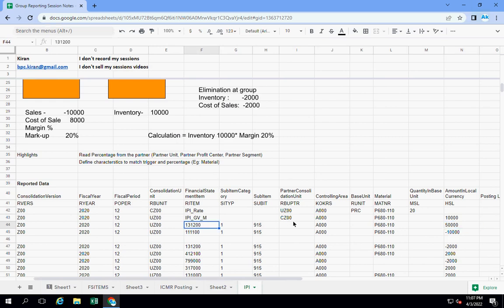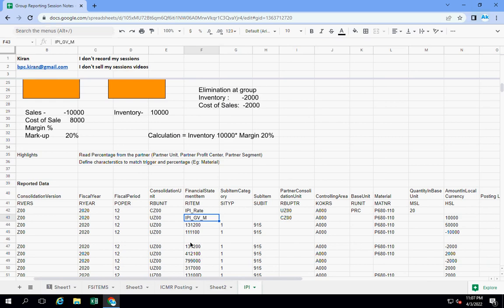But in this particular account, I don't have any partner unit. So this is my US, who is buyer. In my buyer books, in the inventory, I have this inventory P68180, 50,000, right? But how much is from Canada? That detail is not there. So that detail I'm going to maintain against this particular IPI GV_M.